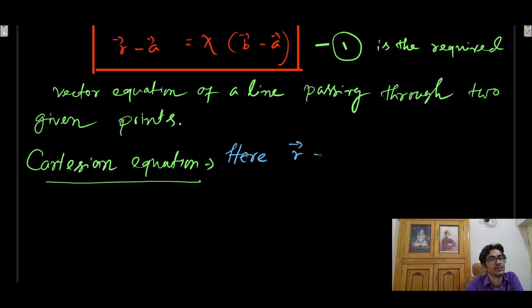Here R vector equals x i cap plus y j cap plus z k cap, right?